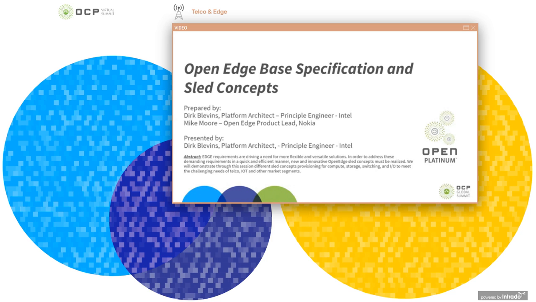And at this point in time, we don't know exactly how all the parameters of the edge are going to play out. So the development of this base specification and looking in the future for sled concepts to fit into the OpenEDGE platform is kind of the scenarios where we're looking at and looking for help from some of the vendors as well.